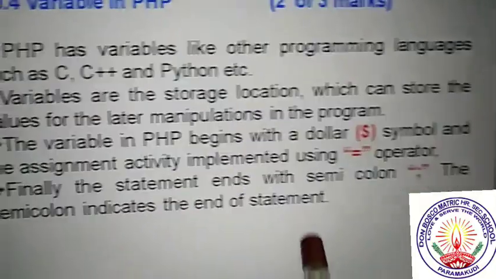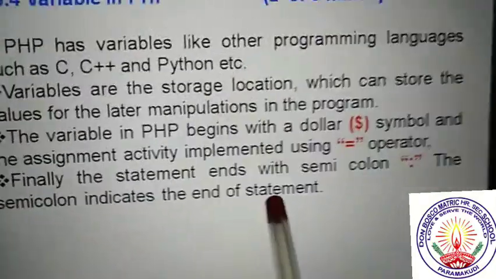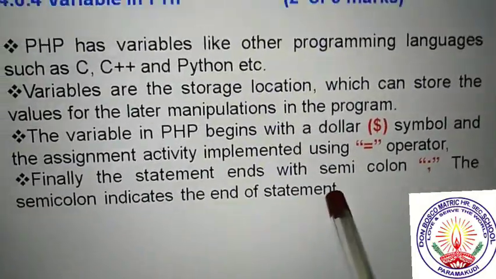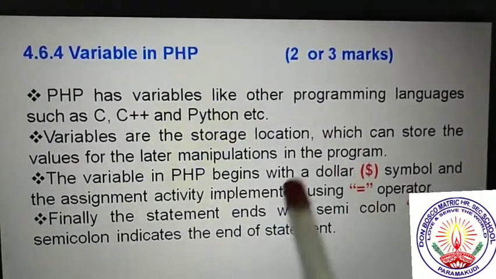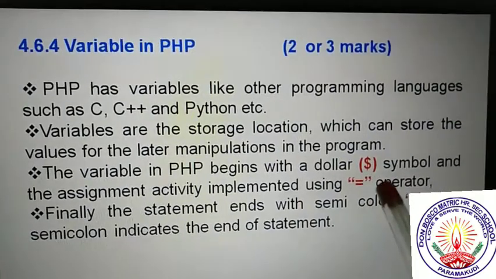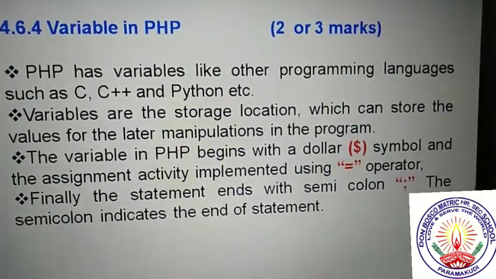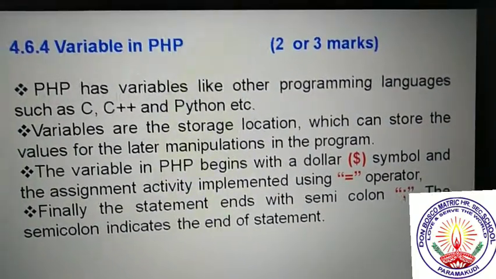Okay. So if you declare any variable in PHP, we have to start with the dollar symbol, and at the end of the statement, you have to put a semicolon.